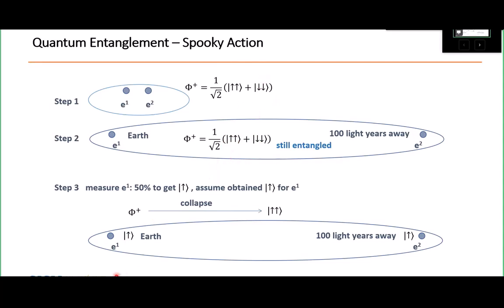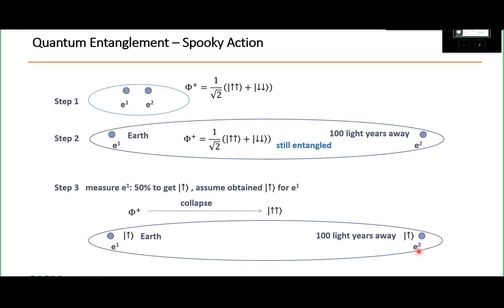And because of this, it can only collapse to up, up, because I get up. Then the electron 100 light years away will also collapse to up, even though the person over there did not do any measurement. It is like I can affect another electron 100 light years away in no time.